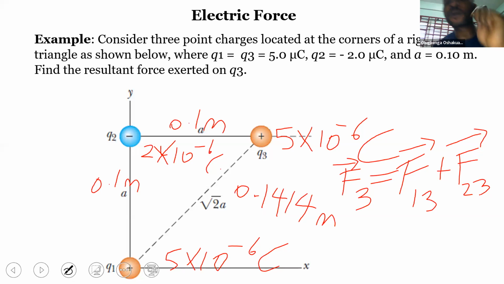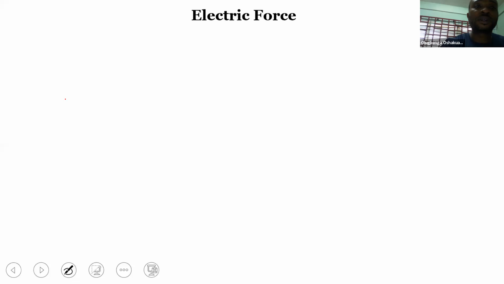So the force of Q1 on Q3 plus the force of Q2 on Q3 will be the total force F3, the force that is acting on Q3. Then the question should now be, what is F13 and what is F23?